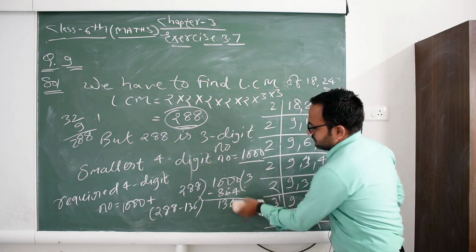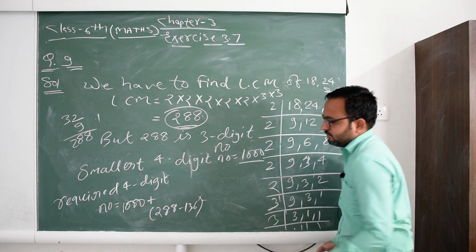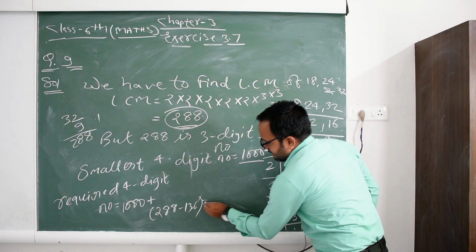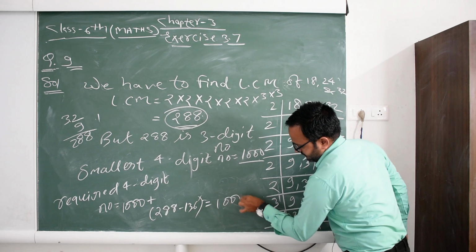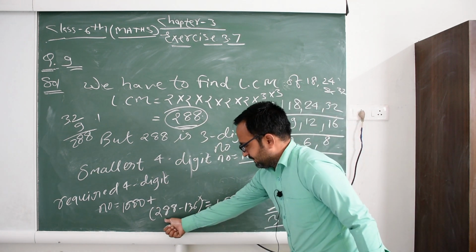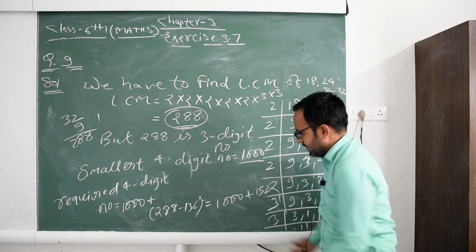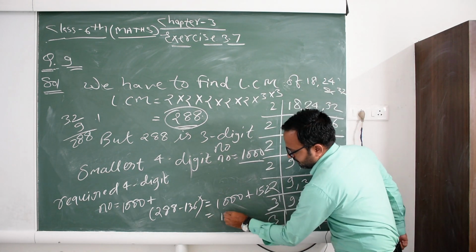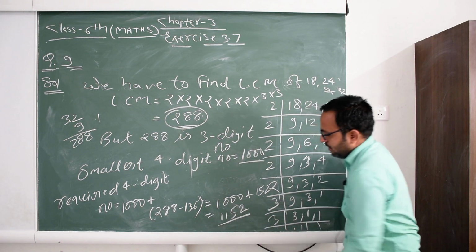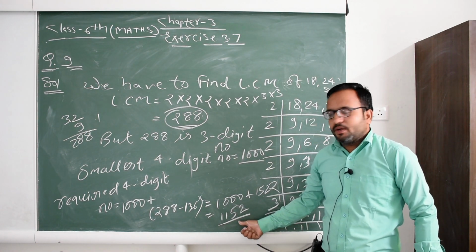So the number will be 1000 plus, if we subtract this, we get 152. Okay, so now add this number, 1152.